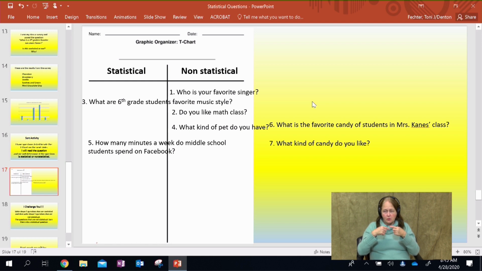Are we going to get more than 1 answer? What is the favorite candy of students in Miss Kane's class? So yes, there are a ton of different candies, and I know when my kids at Halloween came back telling me their favorite candies, we did surveys on that. So I know there is more than 1 answer to that question. So it is statistical.